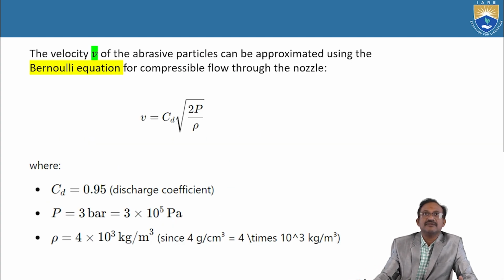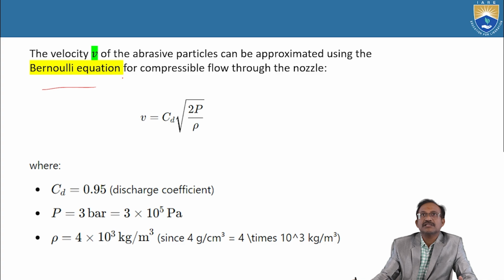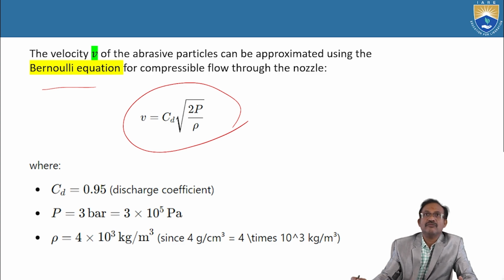The velocity V of the abrasive particles can be approximated using the Bernoulli equation for compressible flow through the nozzle. So the formula is V equals coefficient of discharge times the square root of 2P by rho, where P is the pressure in pascals, rho is the density, and CD is the coefficient of discharge.